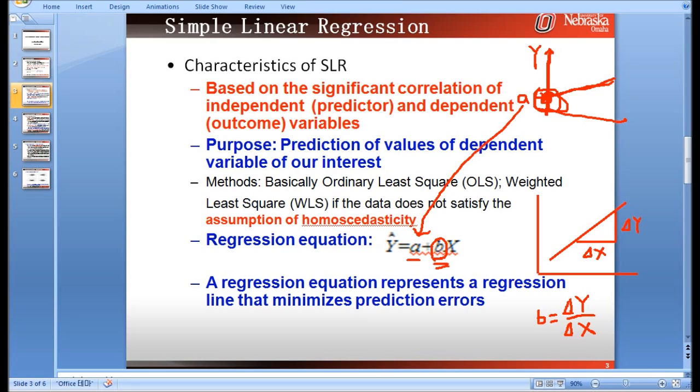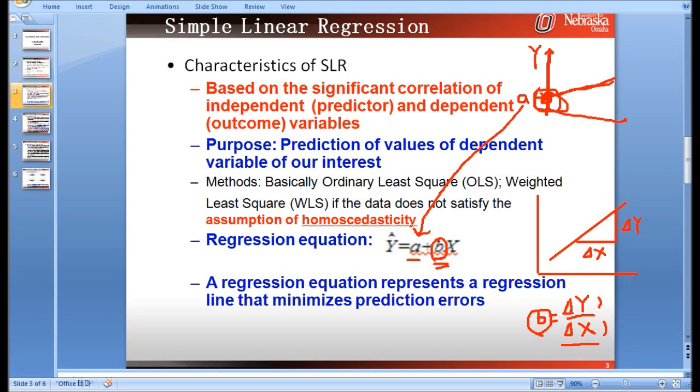It's basically delta y over delta x. Delta y divided by delta x. That's the slope of this line.